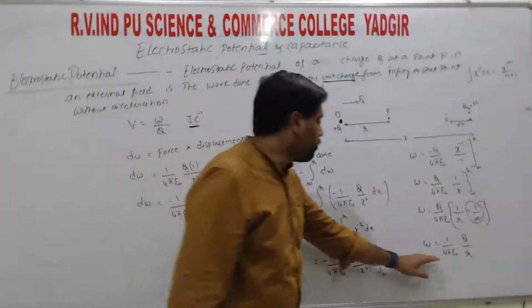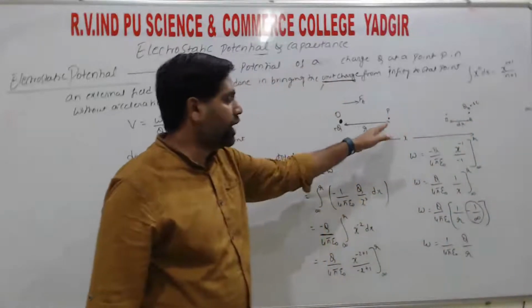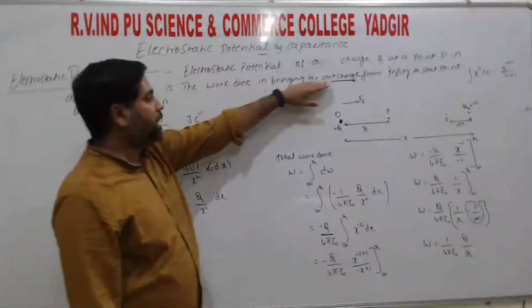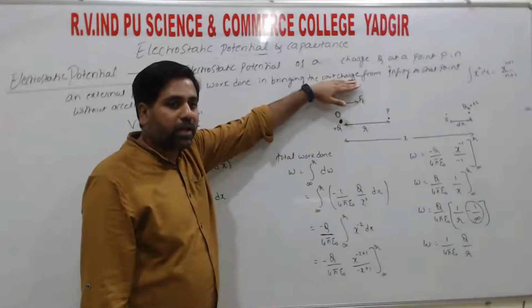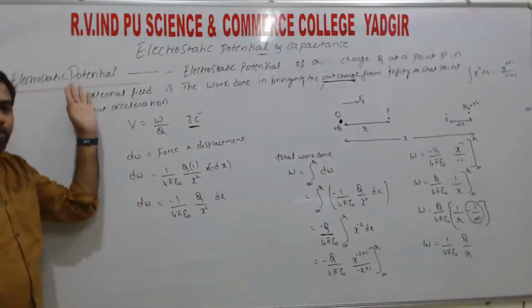So this gives the work done in bringing the charge from infinity to the point P, that is at a distance r. So from the definition, bringing the unit charge, that work done is equal to the electrostatic potential, right?